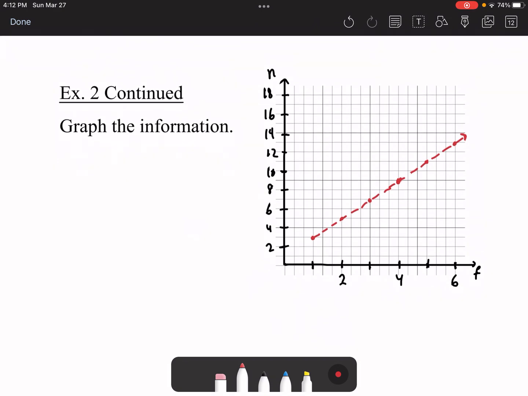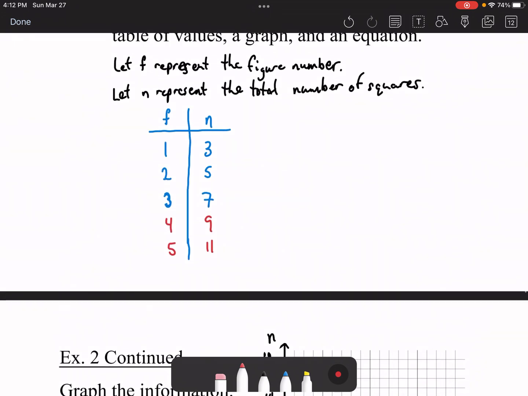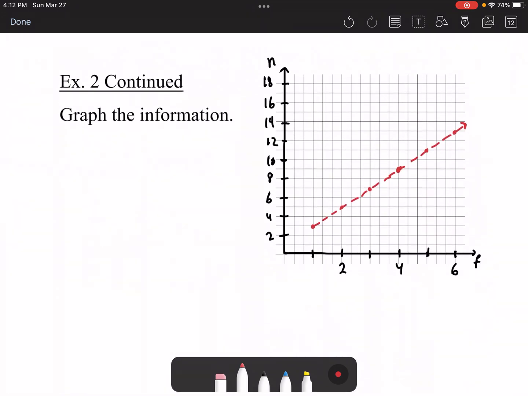Okay, so now we're going to come up with an equation for this. We've now got our table of values and a graph, so now we come up with our equation. Again, it might take a little bit of practice to get better with this.